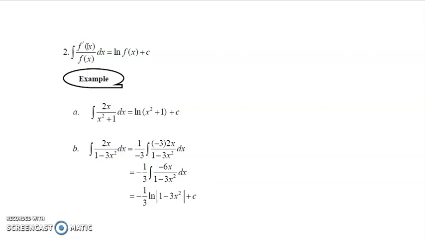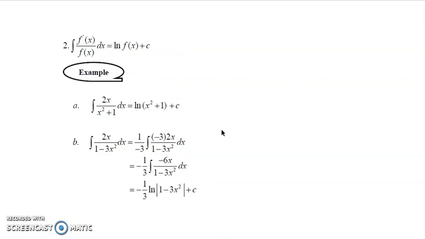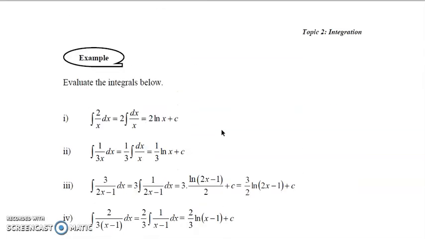As an example, you are having x squared plus 1 here at the denominator. Okay, I hope you can see the cursor. So if you derive the x squared plus 1, you will have 2x, right? So this is the result. So that's why if you integrate this one, you will have ln of x squared plus 1. But this is just some additional information, so I don't want to discuss more about this part. So let's just proceed for the next one.